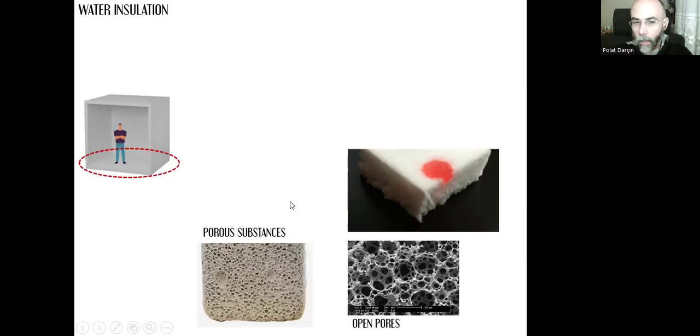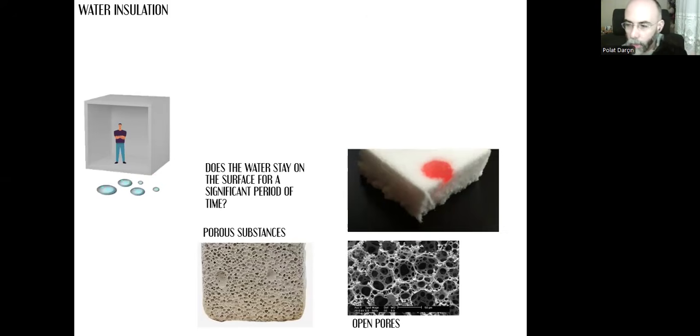Let's take a look at this part, the upper surface of the foundations, the ground level, the grade level. Does the water stay on the surface for a significant period of time? We know that in the ground, there can be always water in liquid form or in gas form, especially when it rains, or there can be the underground water.